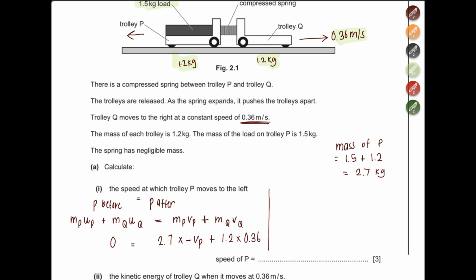If we move this part to the other side, it's going to be 2.7 Vp equals 1.2 times 0.36. Therefore Vp is going to be 1.2 times 0.36 divided by 2.7. It's going to give us a speed of 0.16 meter per second.